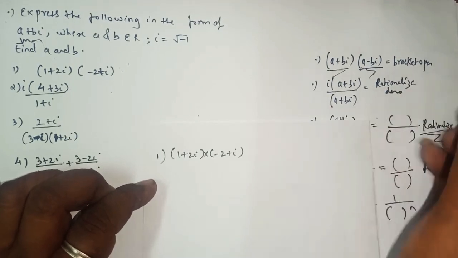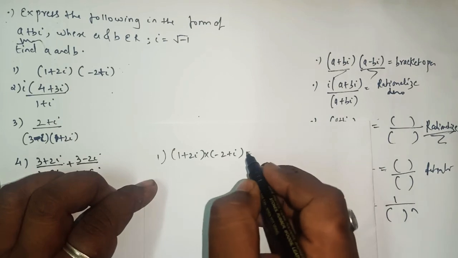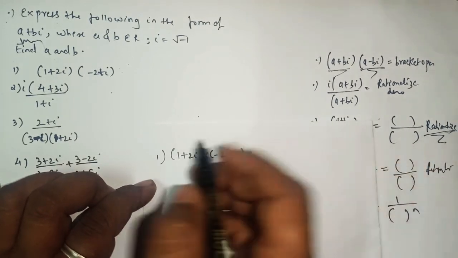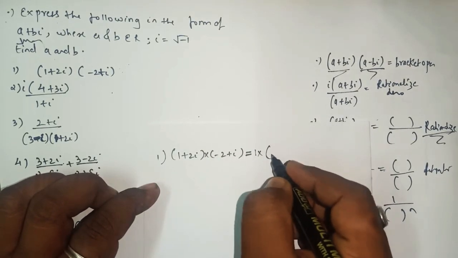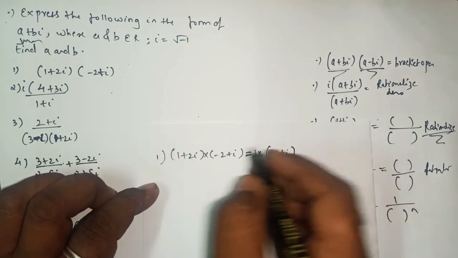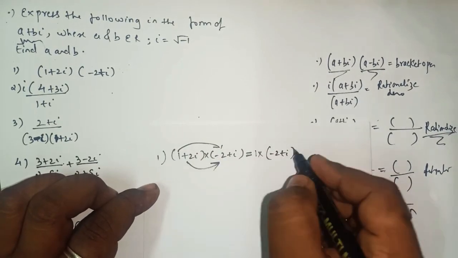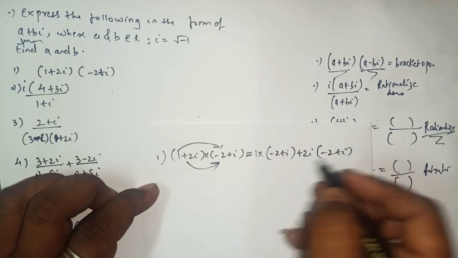Bracket open. So here we write equal to, bracket open. I hope you all know how to do the bracket expansion. So 1 into minus 2 plus i, then with this part, plus 2i into minus 2 plus i.